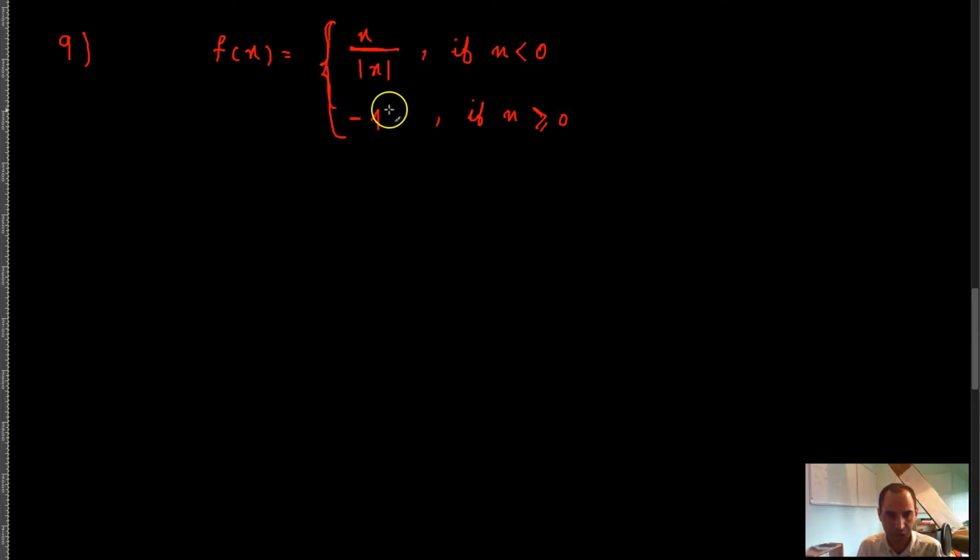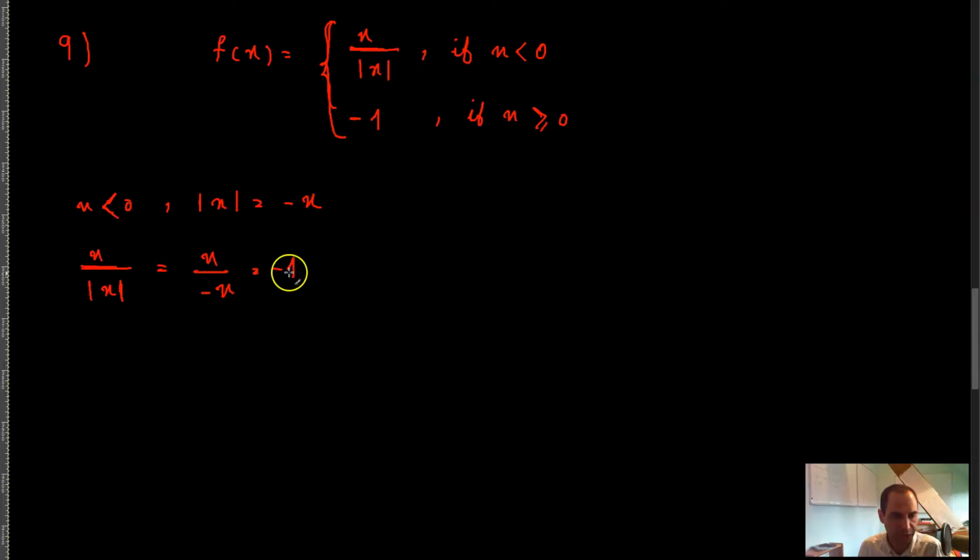So that's your function. And if you graph this function for x less than 0, you'll get x over the absolute value of x. So when x is less than 0, then the absolute value of x is equal to negative x. And so x over the absolute value of x is equal to x over negative x, which is equal to negative 1.